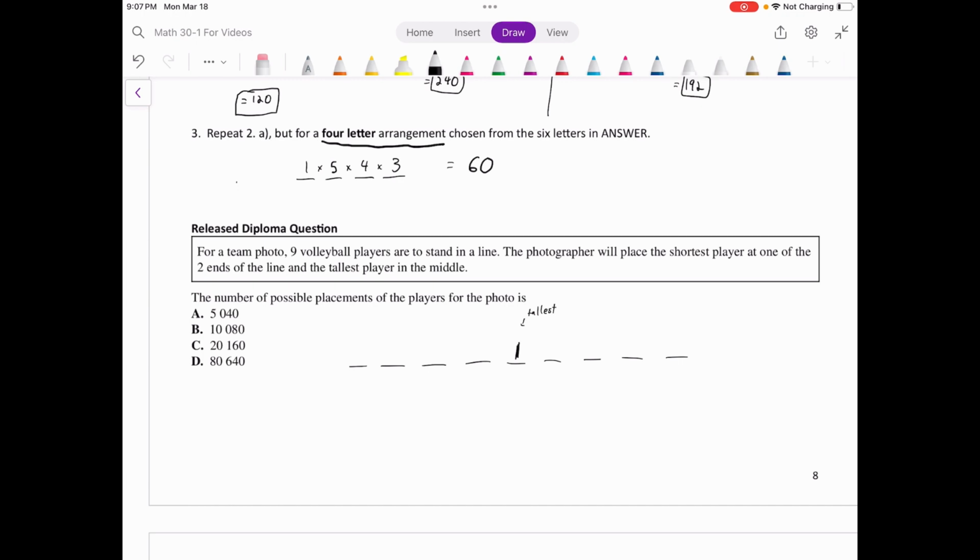But we could put the shortest player here, right? Or we have a whole other situation. Again, tallest player in the middle, but we could also have put the shortest player here. We could put the shortest player on the right end, or we could put the shortest player on the left end.